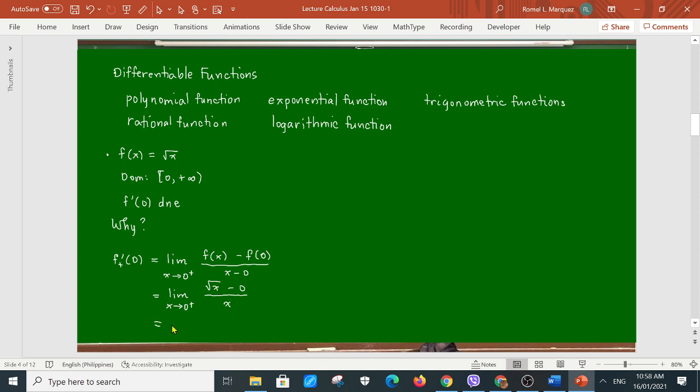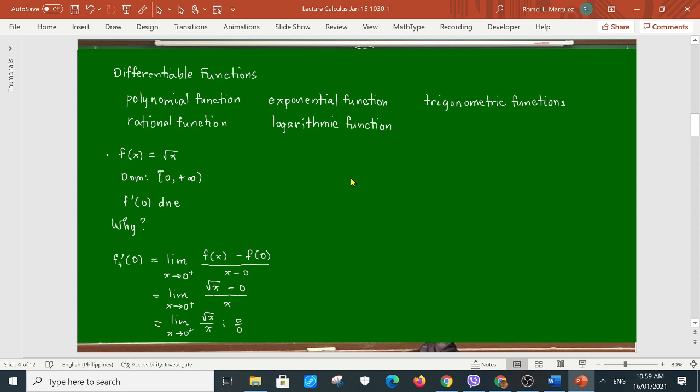That is equal to the limit as x approaches 0 from the right of square root of x over x. But this is indeterminate form 0 over 0. So from the right, let's rationalize.